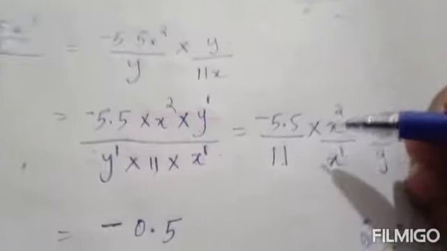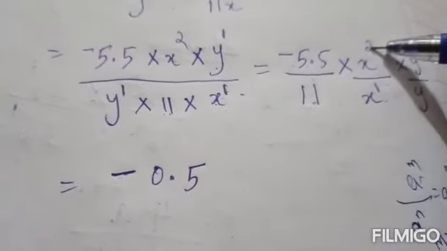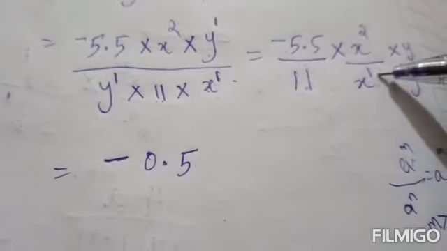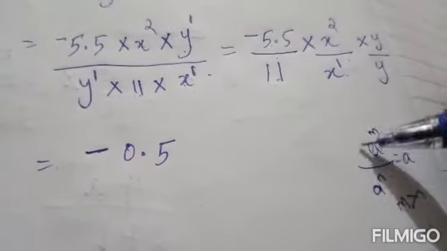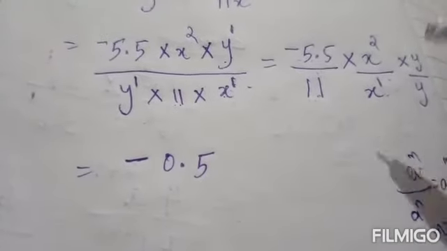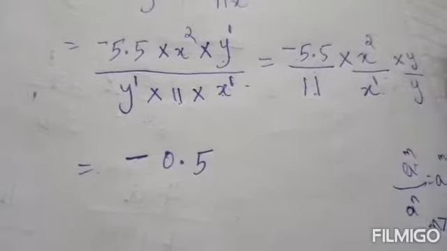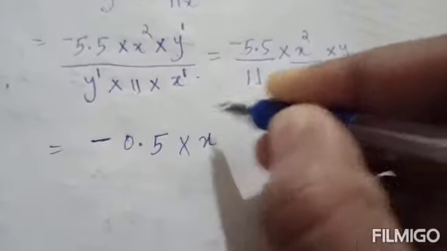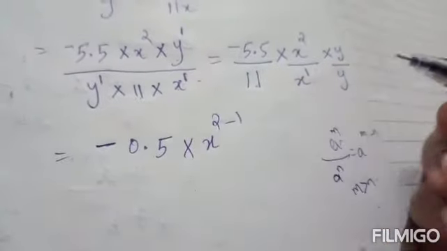So x square divided by x raised to 1. Here m equal to 2 and n equal to 1. M is greater than n. So you can use a raised to m divided by a raised to n equal to a raised to m minus n. So x square divided by x raised to 1 is x raised to 2 minus 1.